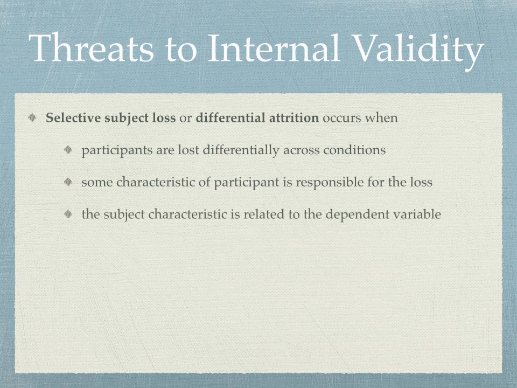This can especially be a problem if the participant characteristic that we're looking at is related to our dependent variable. So if we're looking at something like responsibility at work or some sort of parental feature, people with really demanding schedules may have them because they have a lot going on at work.